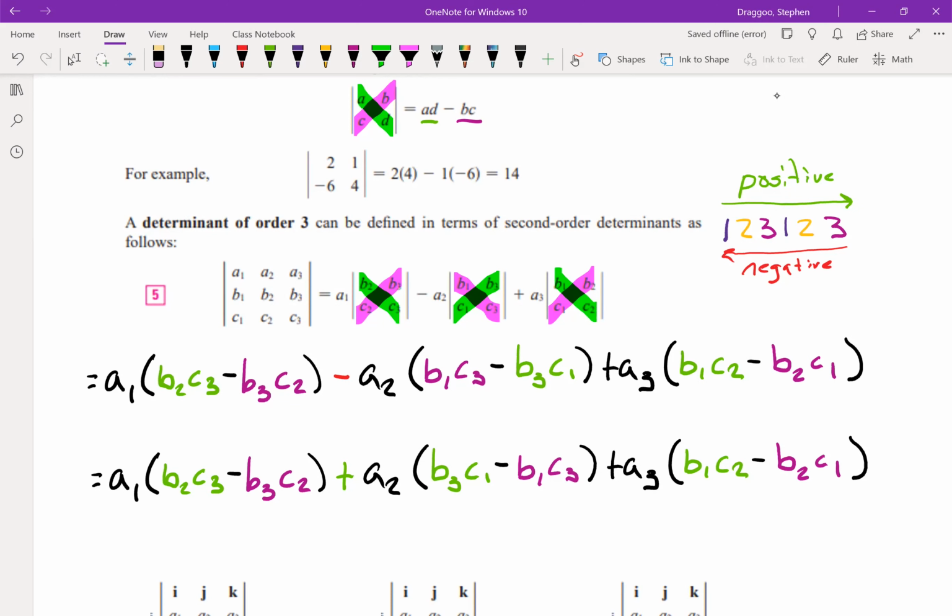As I said from earlier, in the first position, I'm only going to have components in the 2 and the 3 position. And all of the positive terms are the ones that move from left to right in the sequence. So for example, I've got B2C3, which is going forward in the sequence from 2 to 3. Right, that's moving left to right in the sequence, so that term comes out positive. Compared to B3C2, which moves backwards in the sequence. I go 3, then 2, which following my sequence, that means it's negative.